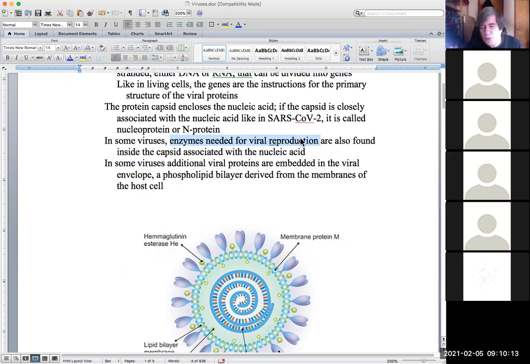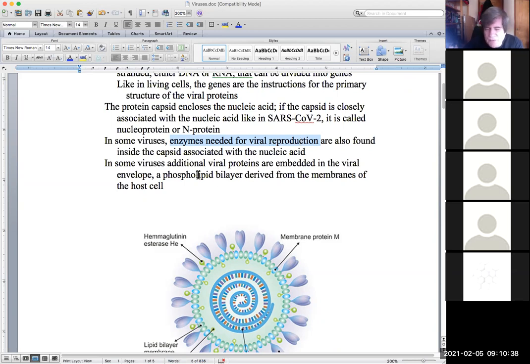And that's true for the most part, but there are some viruses that need an enzyme to reproduce that eukaryotic cells don't have, or prokaryotic cells, because there are viruses that infect bacteria and archaea. So if they need an enzyme to reproduce that the cell they're going to infect doesn't have, then they have to make that enzyme.